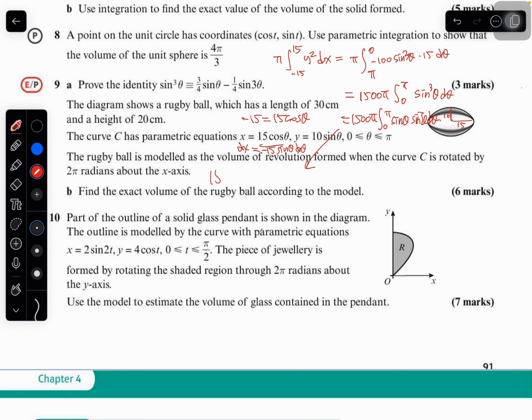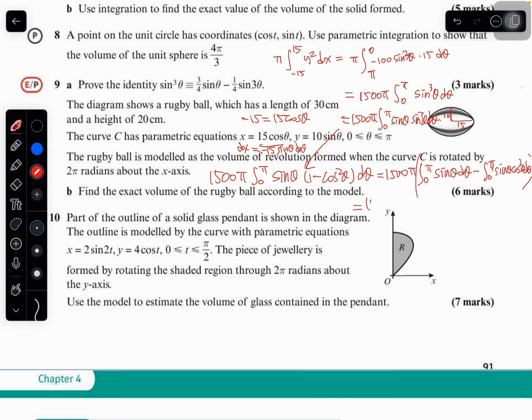So here 1500 pi 0 to pi sine theta times 1 minus cos squared of theta d theta. 1500 pi 0 to pi sine theta d theta minus 0 to pi sine theta cos squared of theta d theta.